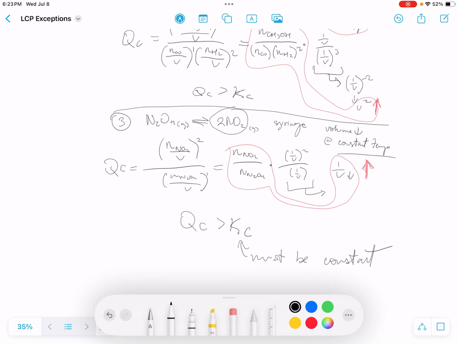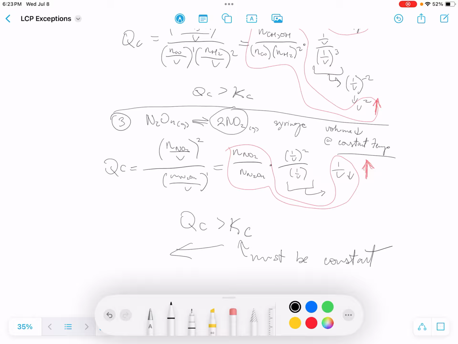Right? And remember, we're shifting, because Qc is greater than Kc, we're shifting to the left. We're increasing the amount of N2O4. But that means Kc is different.